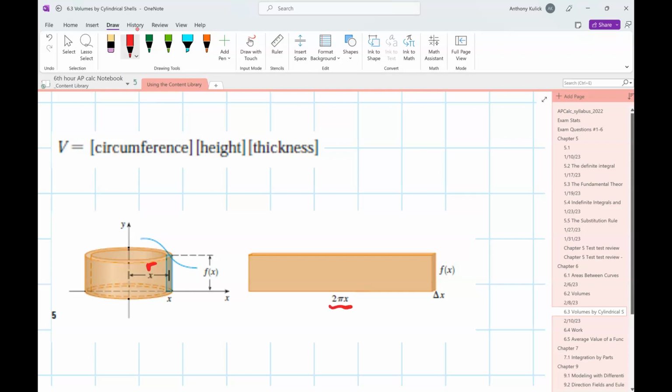So the perimeter of that cylinder, or the circumference of that circle that's the base of our cylinder, is going to be 2 pi x. The height of our cylinder is here, and since we're starting at the x-axis, it's going to be the same as the y-coordinate for that point, which is f of x.